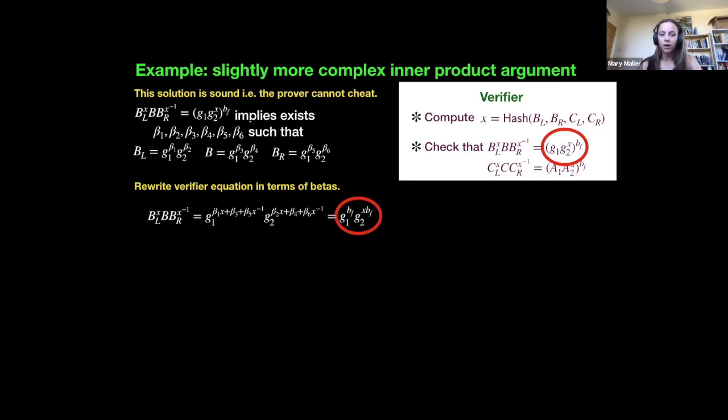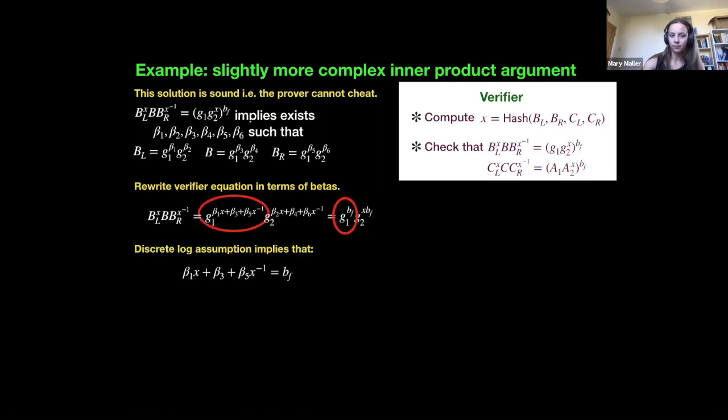And from the right-hand side of the verifier's equation, we know that this must be equal to g1 to the power of beta f, g2 to the power of x bf. Now we use the discrete log assumption.